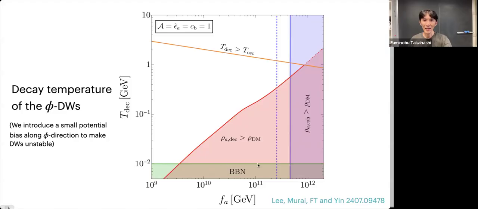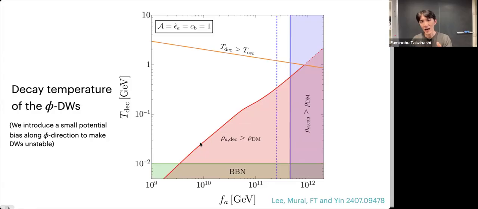And the green line represents the BBN bound. And this blue line represents the contribution coming from the ordinary misalignment mechanism for the QCD axion, explains all dark matter. So if you are left of the blue line, the ordinary misalignment mechanism cannot explain all dark matter because FA is small.